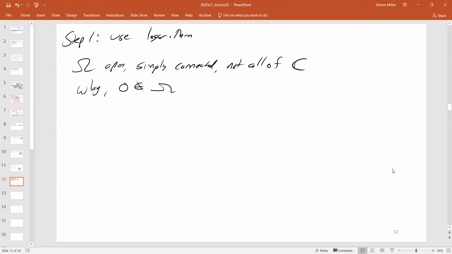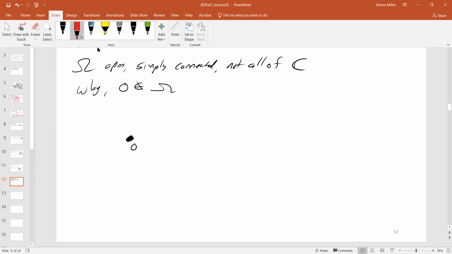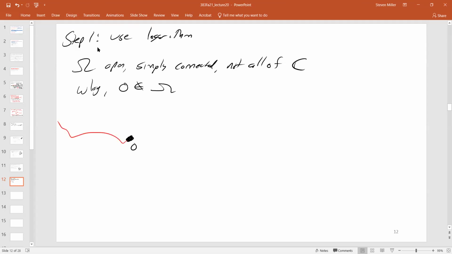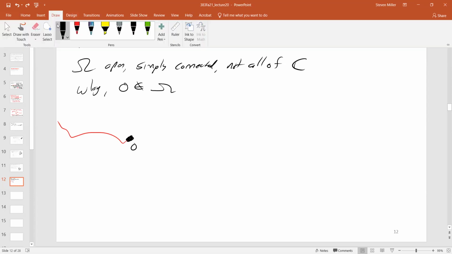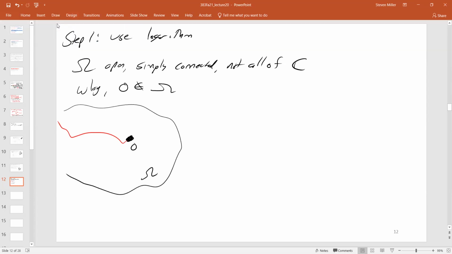And so because it's simply connected, here's 0, there must be some way to have a branch cut and define the logarithm. And so here's my set omega. I can define the log on omega.